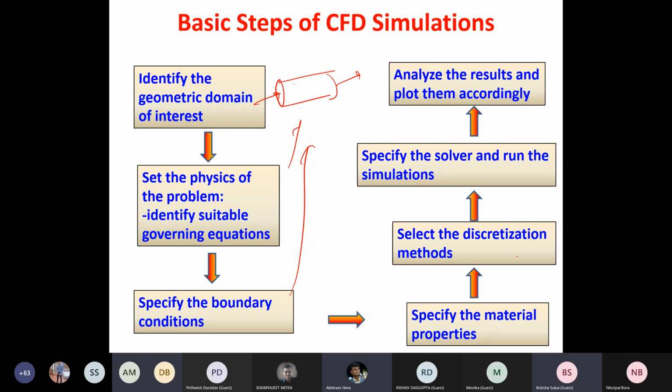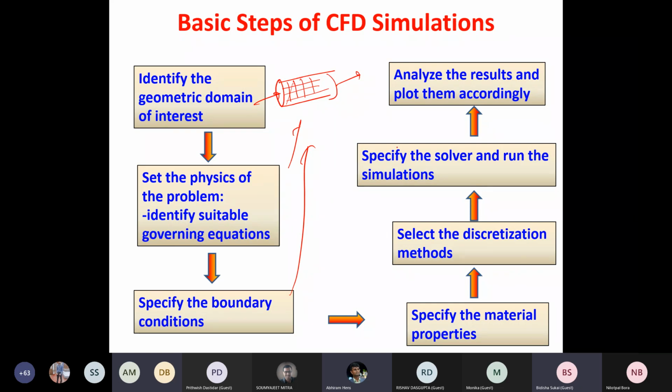Then the discretization method, either finite volume or finite element. And you need to do the geometric discretization of the domain also. One is the equation discretization, another is the discretization of the geometric domain. I'll come to that later on. Then specify the solver and run the simulations, and finally analyze the results.